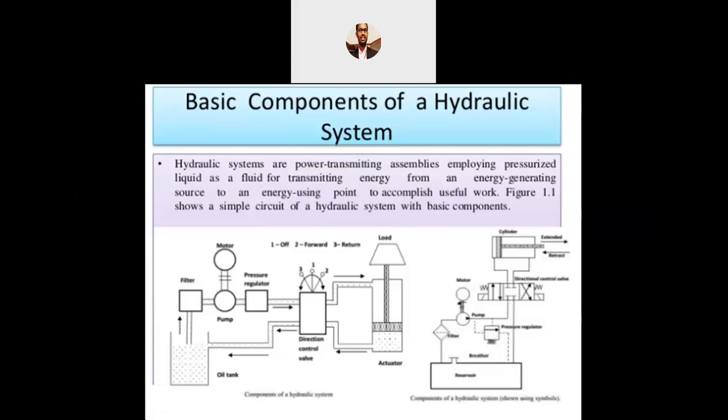Why does it change? Because it is subjected to a continuous heating and cooling process. So the viscosity, the thickness, and even the color change. All this is because of the contaminants.